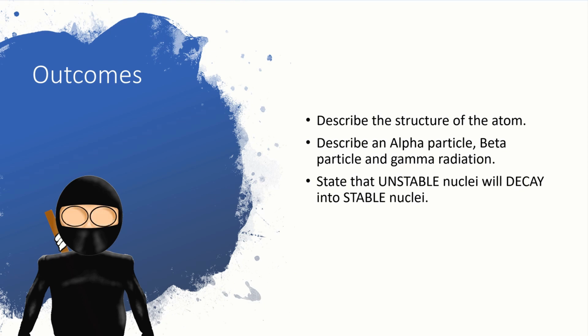Beta particles are high speed or high energy electrons ejected from the nucleus during beta decay. And gamma radiation is just a little emission, a little release of energy from the EM spectrum. And lastly, you've got to be able to state that these large unstable nuclei will decay into smaller, more stable nuclei over time.